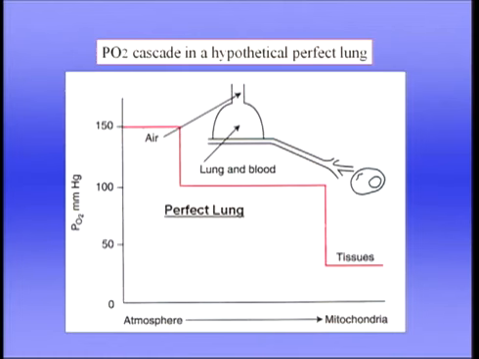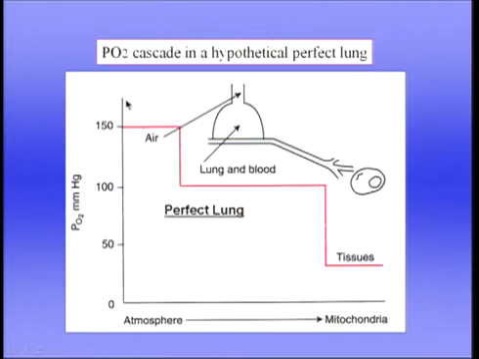And in the same way, as physiologists or physicians, we're concerned about losses in the line from the reservoir, which is the air that we breathe with a PO2 of 150, down to the mitochondria in the tissues. And this scheme here shows the perfect situation, and we'll discuss this in some detail.